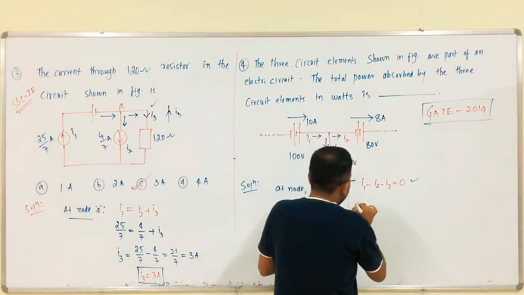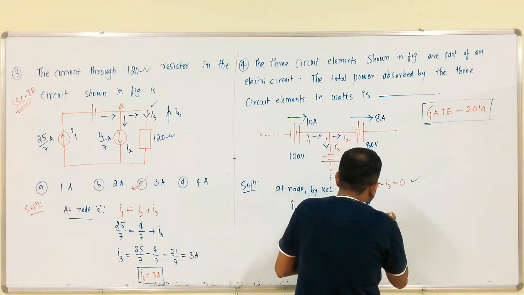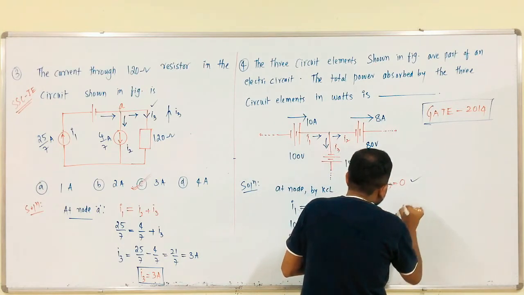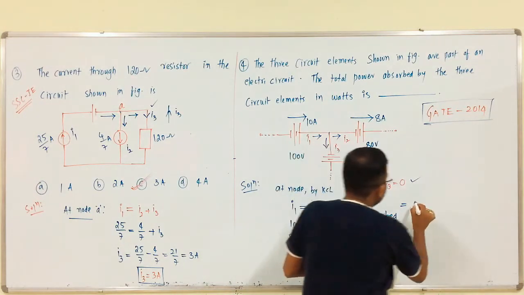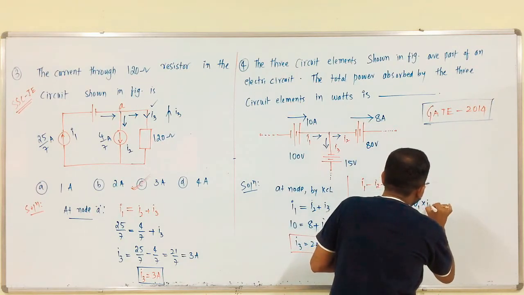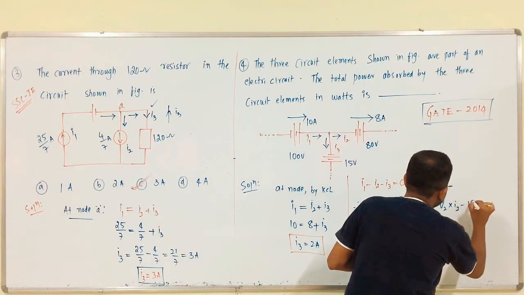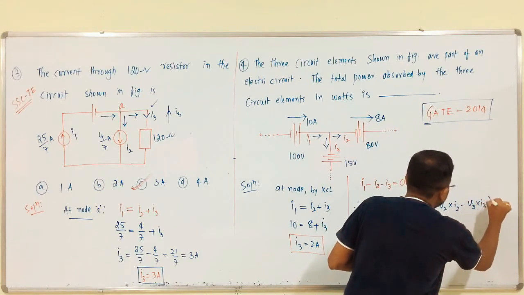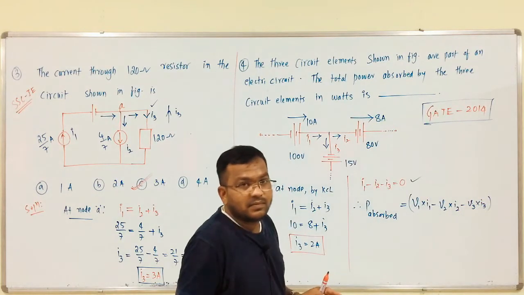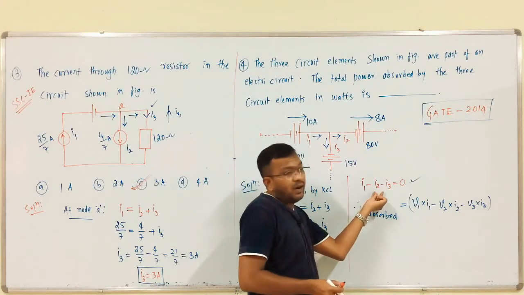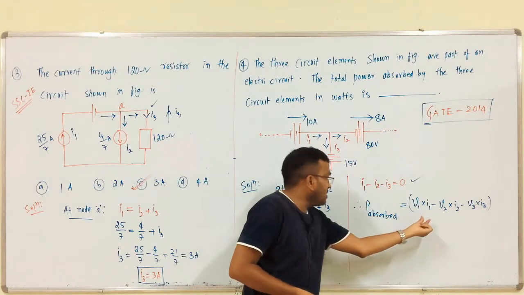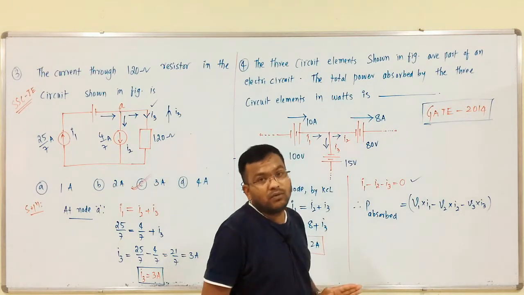Therefore, power absorbed by 3 elements is equal to V1 into I1 minus V2 into I2 minus V3 into I3, that is it. The summation of currents is equal to 0, but the summation of powers is not equal to 0. Why?